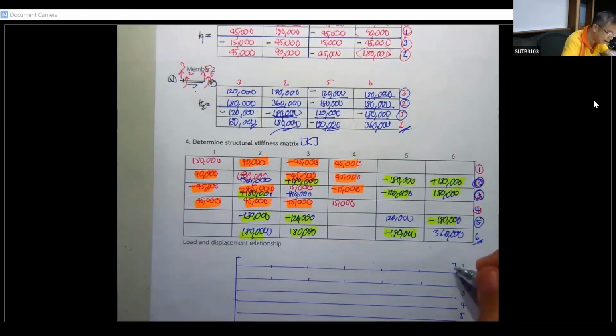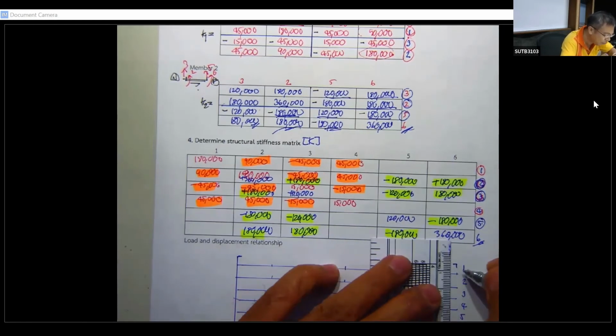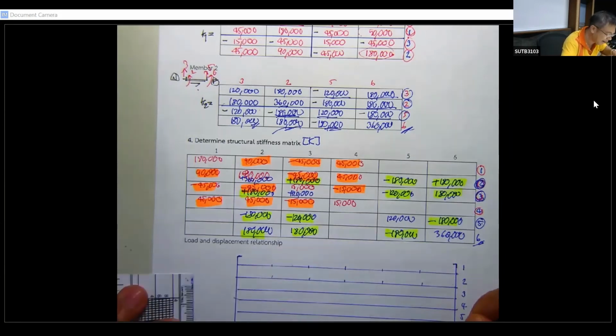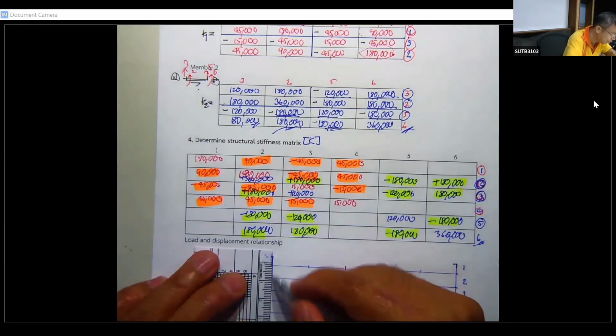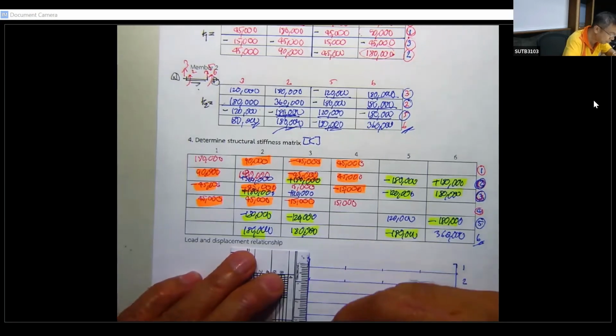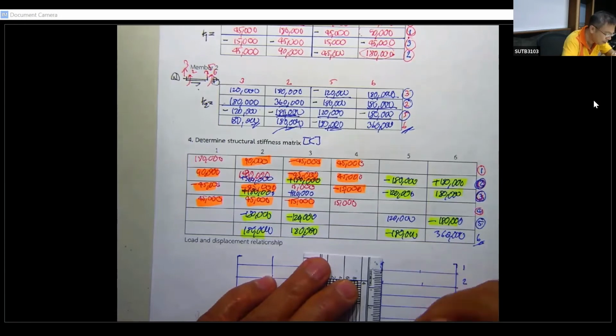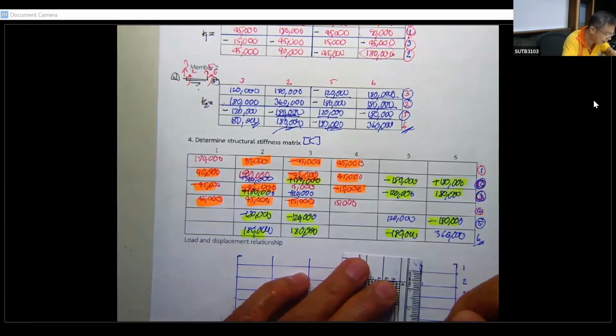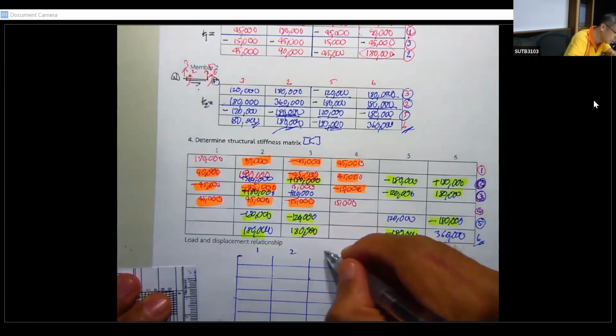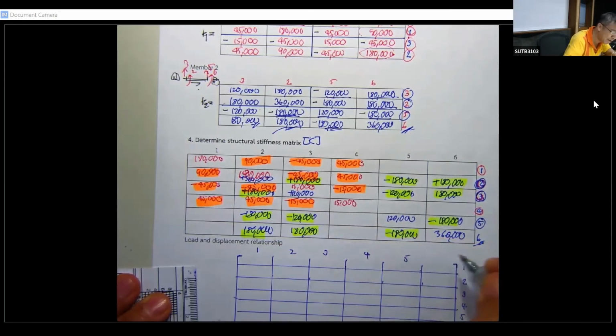Okay, and then this one will go up something like this, and this one will finish here. You have 1, 2, 3, 4, 5. And then put 1, 2, 3, 4, 5, 6.